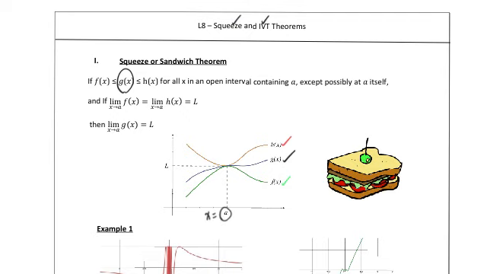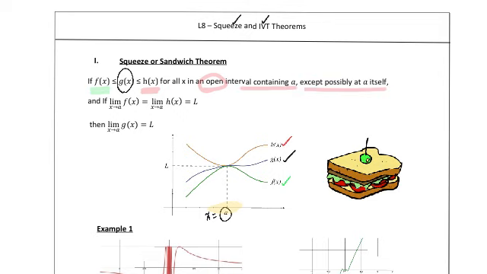So around this x value of interest, the g function is trapped in between the f and the h. So in an inequality statement, we could say g of x is greater than or equal to f of x, and it's less than or equal to h of x for all x in an open interval containing a, except possibly at a itself.